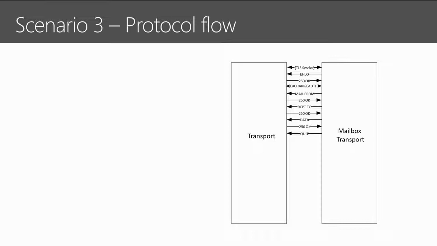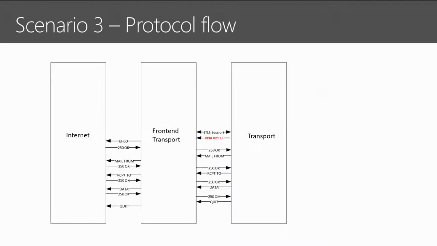It's mail from, rcpt to, data, quit. And once transport receives it, the thing gets a little bit interesting. After transport has processed this mail and wants to send it out, what's it going to do? It's going to establish a TLS connection with the front-end transport server. Remember, the only service that's talking outside is the front-end transport service, and in this case that's because I've set that flag.